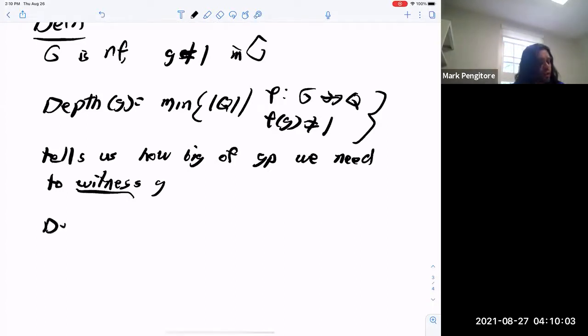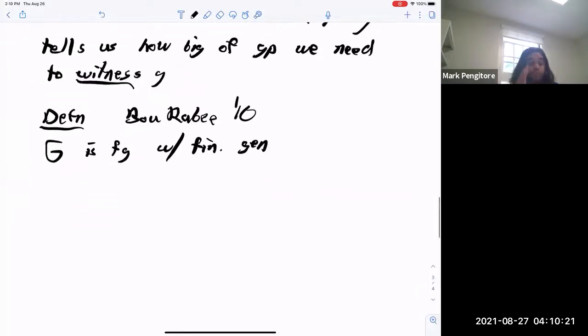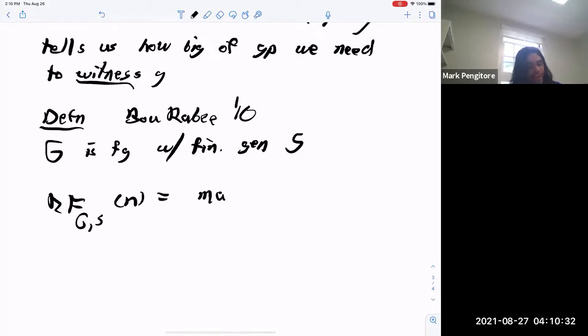Now what we're going to do, this is also from Bou-Rabee, is actually package this together into a function. So G is finitely generated with a finite generating set S. And then the residual finiteness function with respect to S, this is the maximum over all elements g of length less than n, and here g is not equal to 1, of the depth.